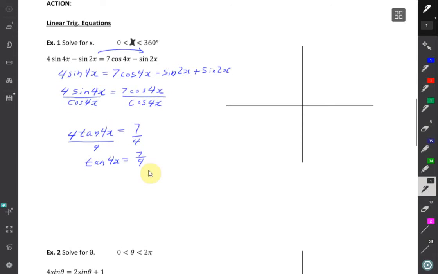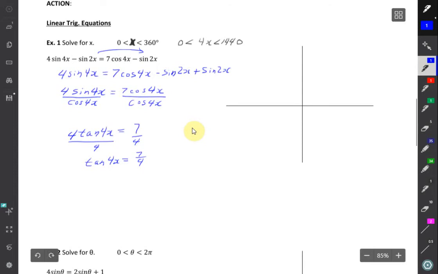So 4 times 0 is 0, less than 4x, less than 4 times 360, which is 1440. What that tells us is that we will have to do 4 rotations in order to solve for all of the angles. So the next step is to do the inverse tan of 7 over 4.